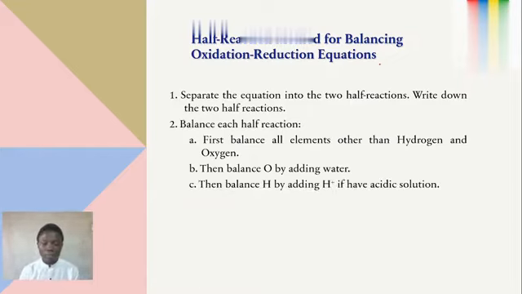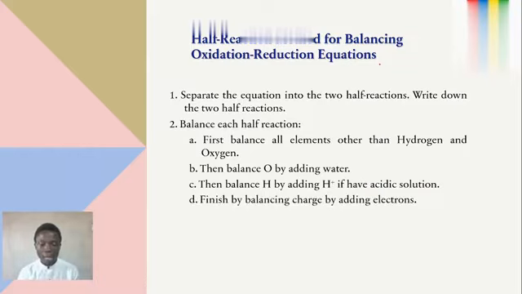And then you balance hydrogen by adding hydrogen ions, if that is an acidic solution. By implication, where you have oxygen, you add water, so of course the other side you are going to add hydrogen ions. Are we following?